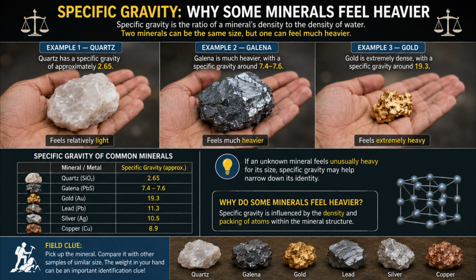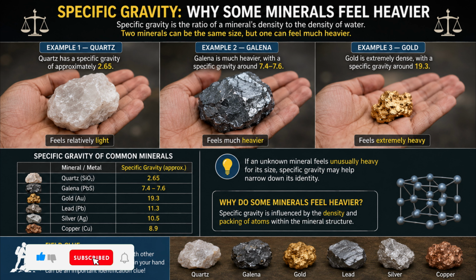Other examples include lead approximately 11.3, silver approximately 10.5, copper approximately 8.9 up to 9. So if an unknown mineral feels unusually heavy, specific gravity may help to narrow down its identity. Specific gravity is influenced by density and packing of atoms within the mineral structure.